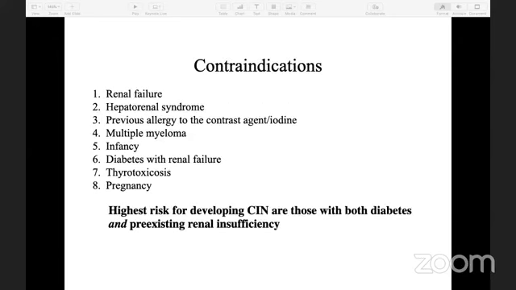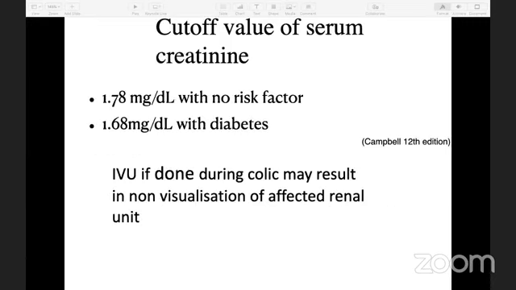Contraindications include deranged renal function, nephrotic syndrome, allergies, multiple myeloma, infancy, diabetes with renal failure, thyrotoxicosis, and pregnancy. The cutoff value of serum creatinine for this study is 1.78 milligram percent with no risk factor and 1.68 milligram percent with diabetes. IVU should not be done during colic because the affected unit will not be visualized.